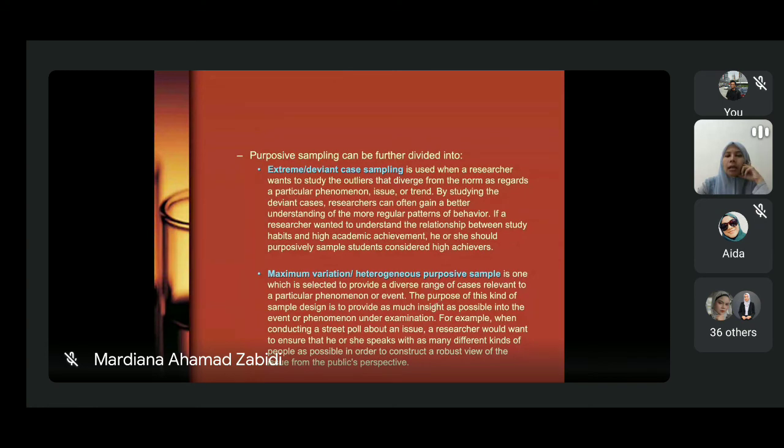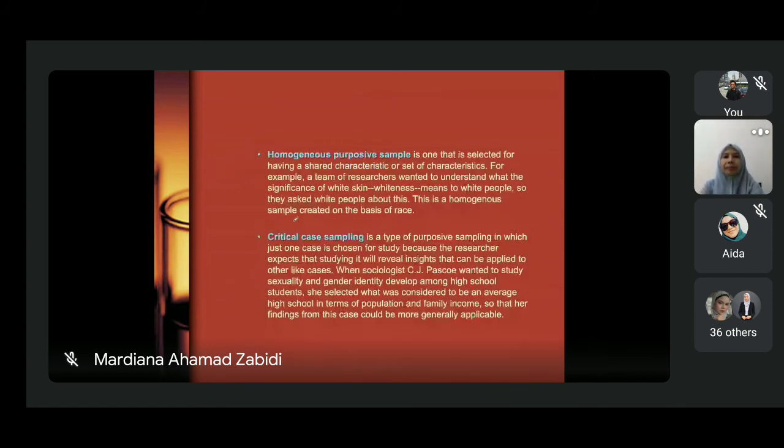The purpose of this kind of sample design is to provide as much insight as possible into the event or phenomenon under examination. Okay, yang ini kita ambil lebih banyak. Okay, dia punya number of samples ataupun number of groups of people lebih banyak daripada the first category.